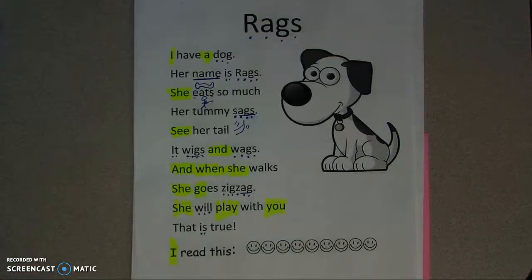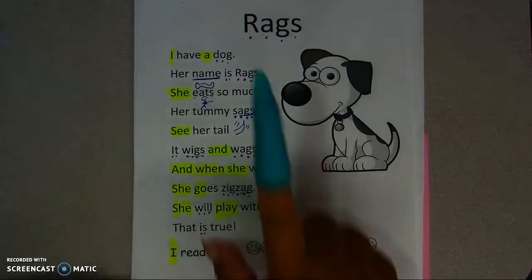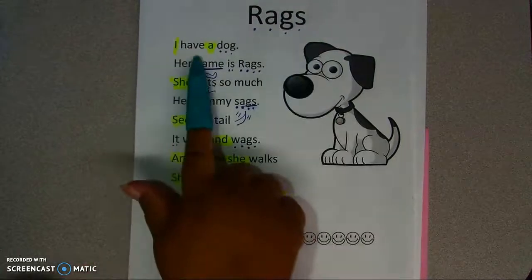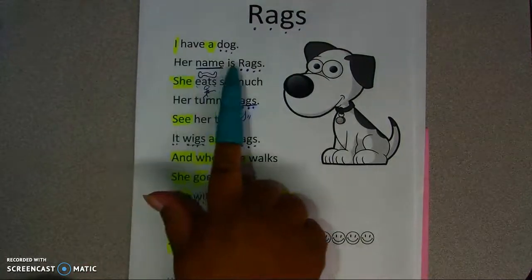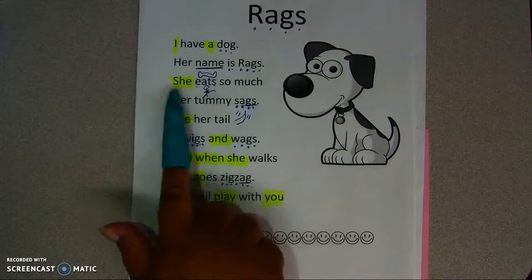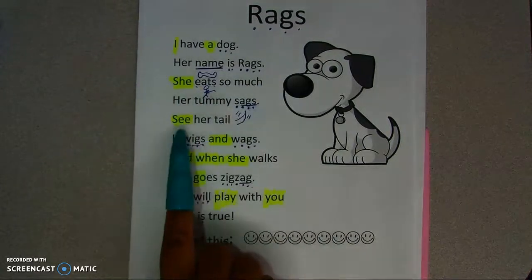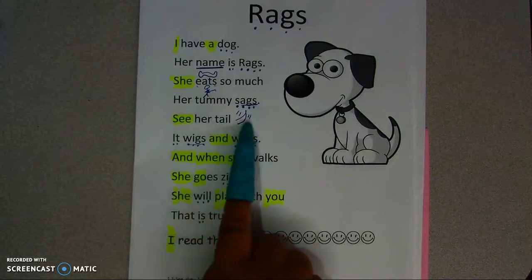So now I'm going to read it again. Here we go. Rags. I have a dog. Her name is Rags. She eats so much, her tummy sags. I see her tail.